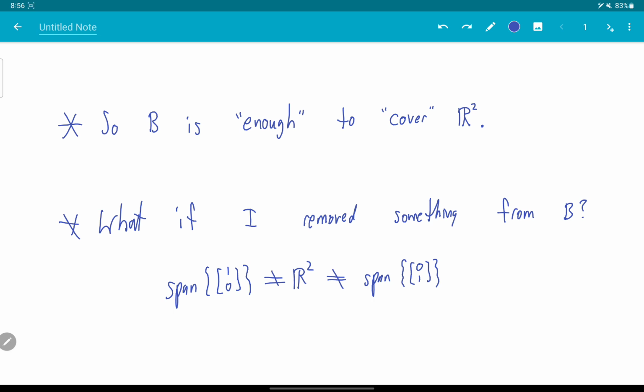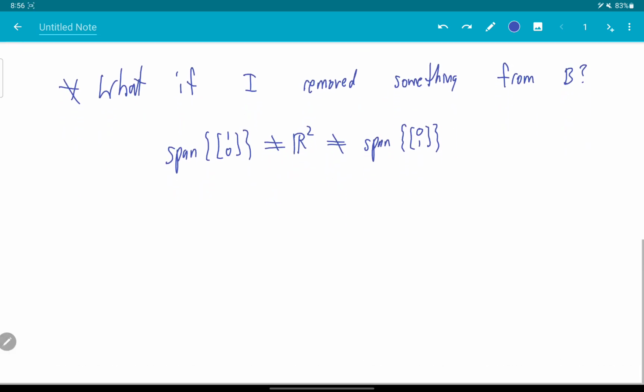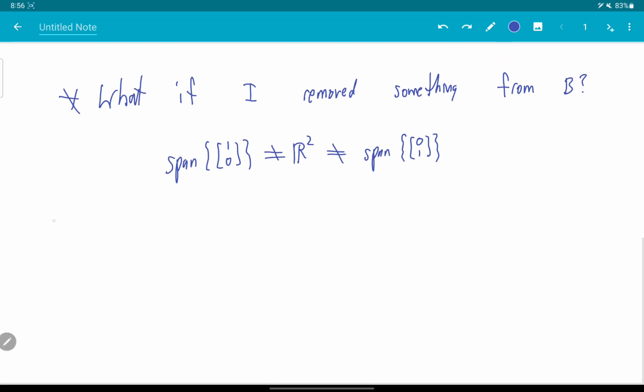Now, what if I were to add something to B? So I will ask you to consider C, which is B plus one more vector, say 2, 3.